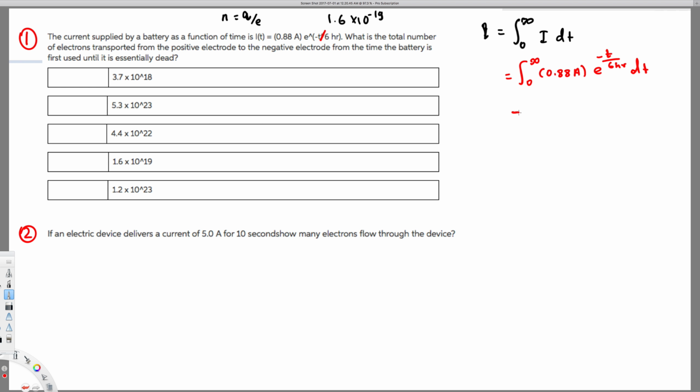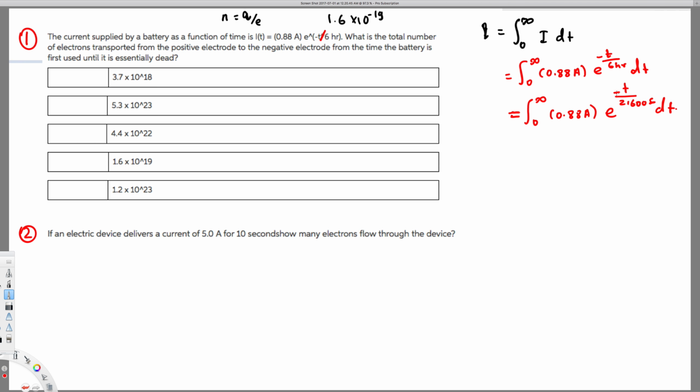In 1 hour we have 3,600 seconds, so 6 times 3,600 gives us 21,600. So we have the integral from 0 to infinity of 0.88 ampere times e to the power of negative t over 21,600 seconds, dt.